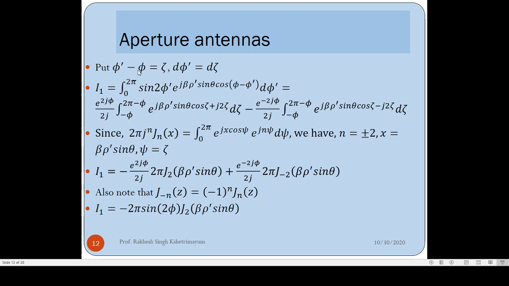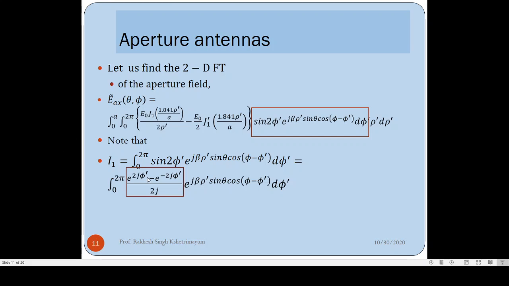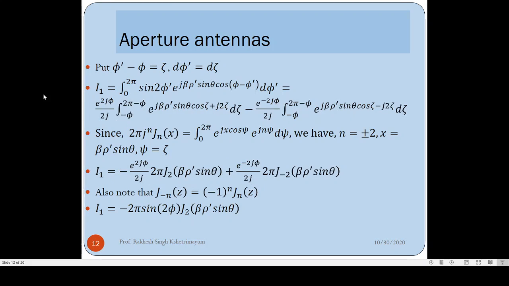After we substitute phi dash minus phi is equal to zeta, then phi dash will become phi plus zeta. That's why we have exponential 2j phi here. When we replace this phi dash by zeta plus phi, we'll have an extra term here, exponential 2j phi by 2j. Similarly, we'll also have an extra term here, exponential minus 2j phi by 2j.